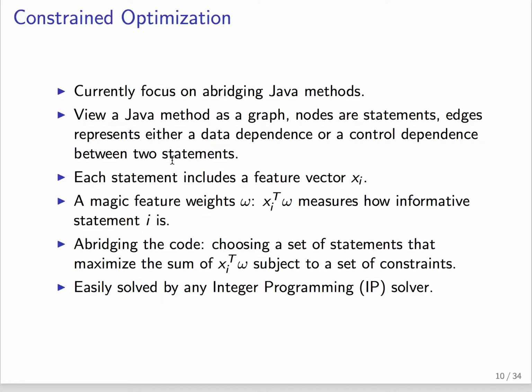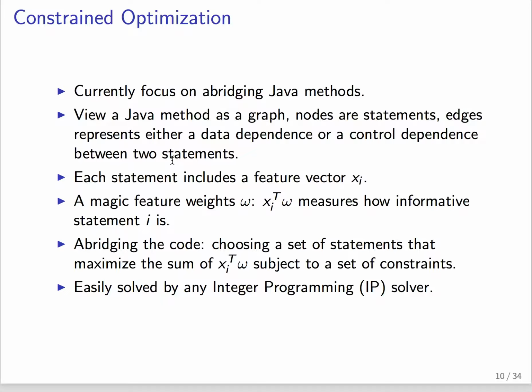Here we view a Java method as a graph. The nodes are statements, and edges represent the dependency between two statements. It can either be a data dependency or a control dependency. Each statement includes a feature vector xi, which comes either from static program analysis or from the text information nested in the statement.